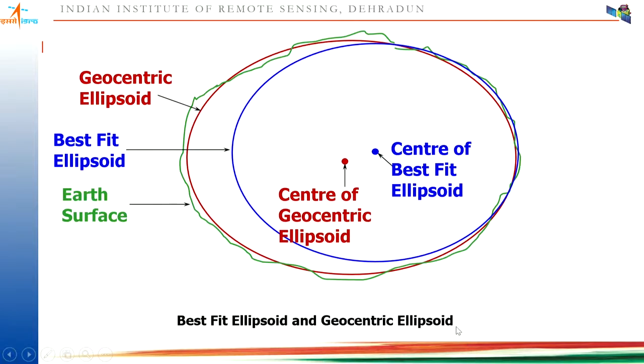But today we are globally using WGS 84, or datums like GRS 80, which are globally accepted. So we are using the geocentric ellipsoid. And if we want our analysis locally, we also use the Everest ellipsoid. We can transform from one to another, it can be done.